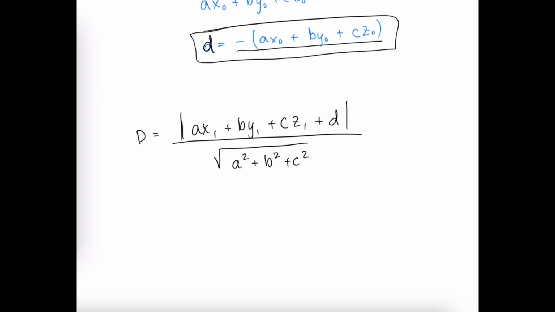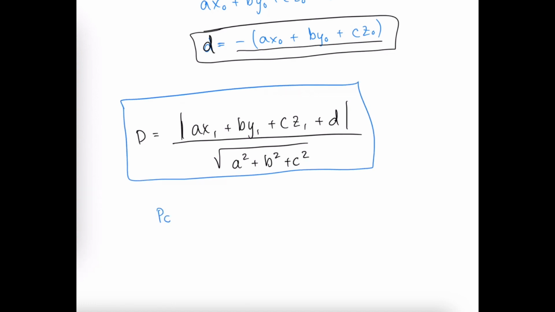And this is the formula for the distance between an ordered triple, our point x1, y1, z1, and a plane which was given by the equation ax plus by plus cz plus d is equal to 0.